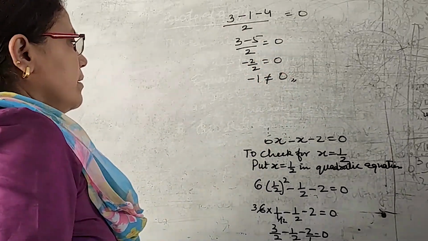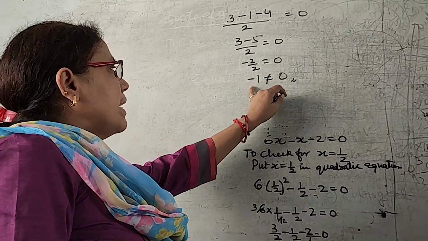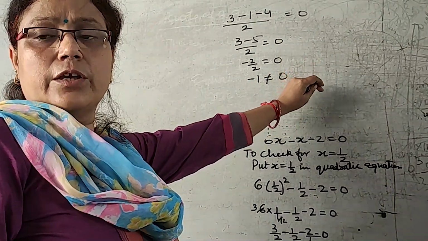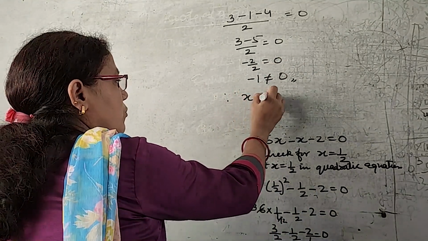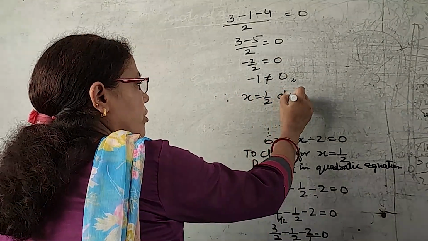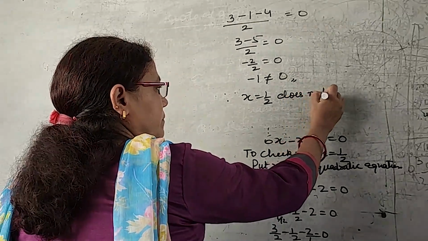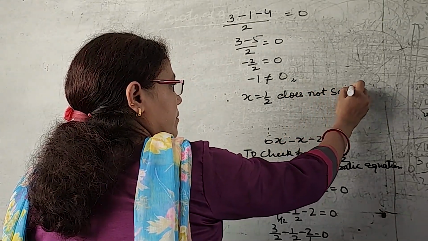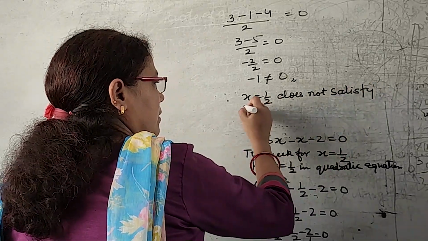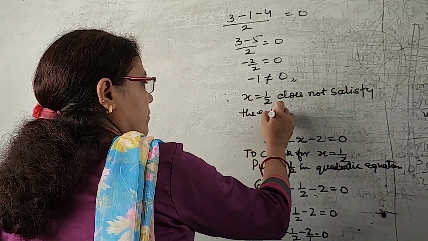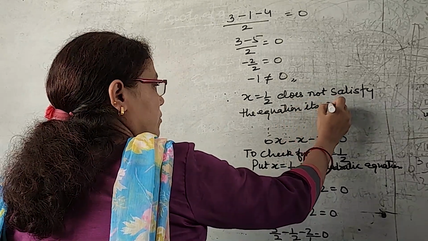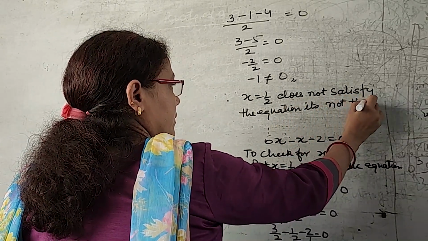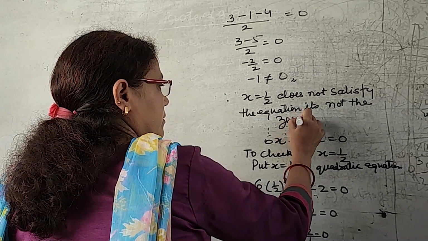So you can see on the left hand side we are getting minus 1, right hand side 0. So since x equal to 1 by 2 does not satisfy the equation, it's not a zero of it.